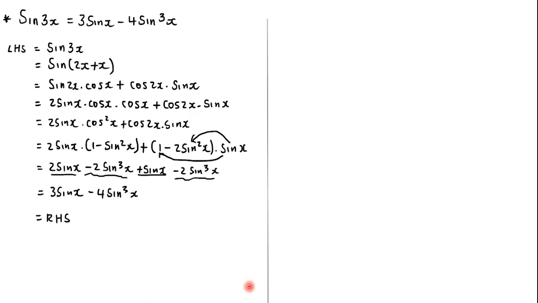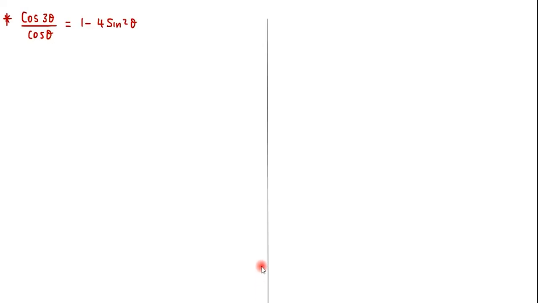second one. All right, so looking at the second one here, you see that we have this very same type of trig ratio on the left hand side, where we still have a trig ratio with an angle that is 3 theta. So the first thing that we're going to do on that one is firstly change it into 2 theta plus theta, over cos theta.